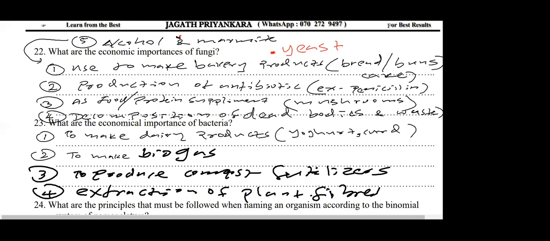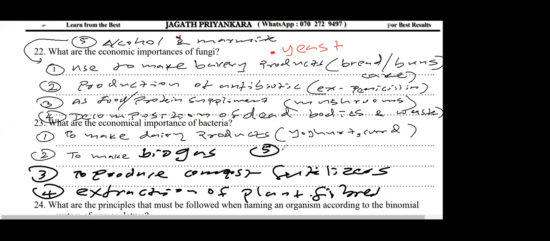Right. Then next one, number 24. I'll erase the screen. Anyone still coming down? Biogas, production of compost fertilizers, plant fibers, and the other thing you can write is decomposition of waste. I don't have space here. Number 5, you can write decomposition of dead organic matter, act as decomposers.